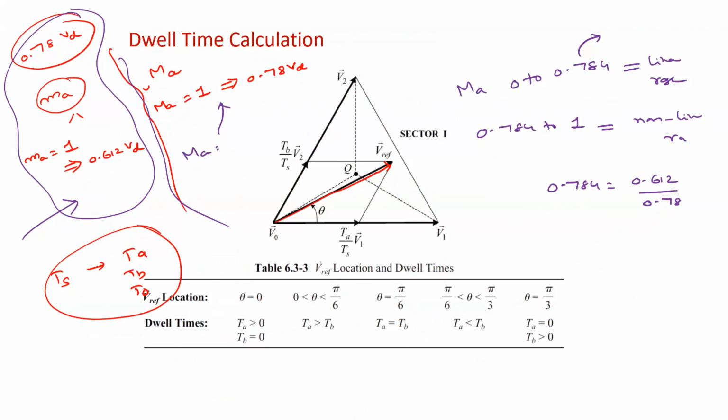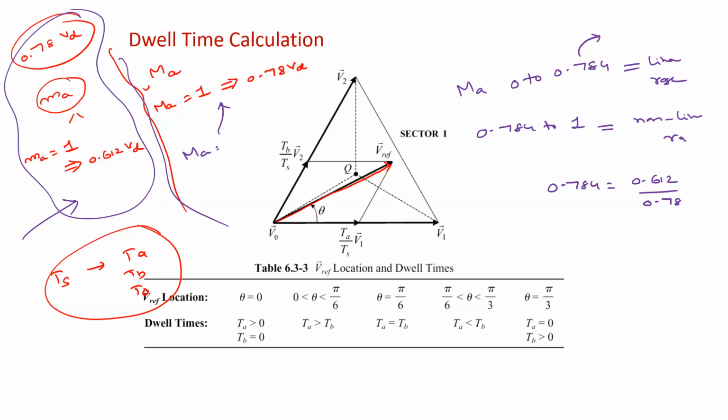Here we'll define some rules, or some criteria, so that we can reduce the number of transitions. In other words, we can reduce the switching losses. Based on that, we'll control the inverter.